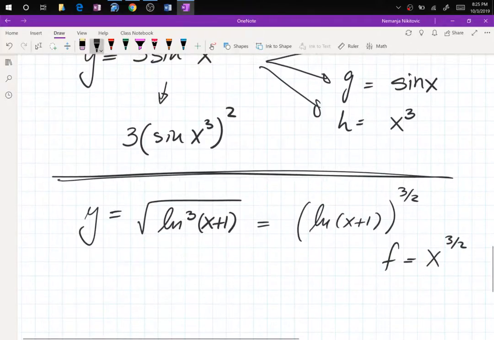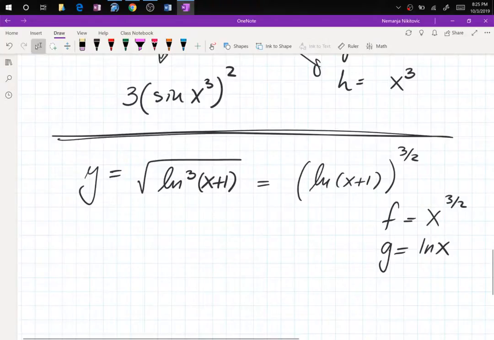Then we go one level in for g, which is going to be ln x, and then we go h all the way inside of x plus 1. I don't need parentheses on x plus 1. So x plus 1 gets stuffed into ln first, and then ln gets stuffed into the x to the 3/2.